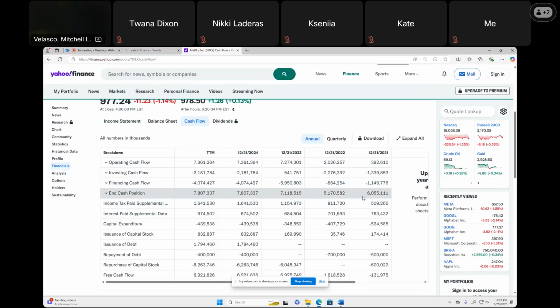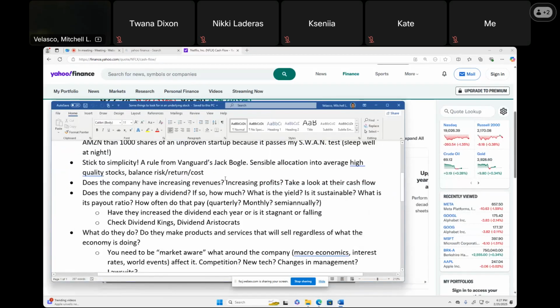So 2021, $6 billion, 2022, $5 billion. Then 2023, their cash went up to $7 billion for the year, and then almost $8 billion in 2024. So that's significant. That's a nice trend of cash. You like to see that, when you're shopping around for companies to buy.